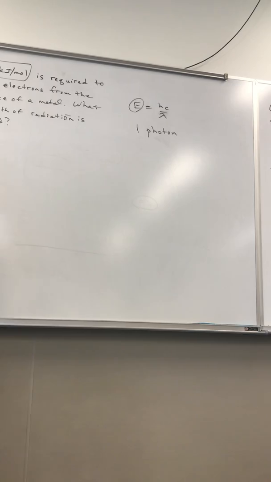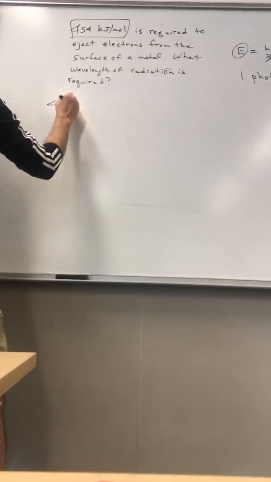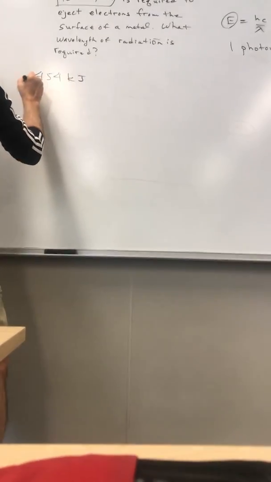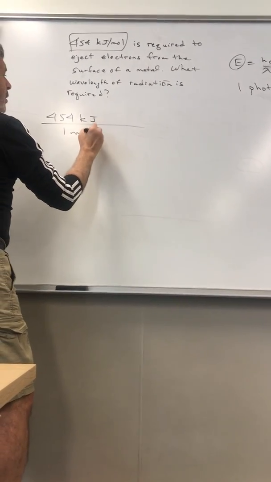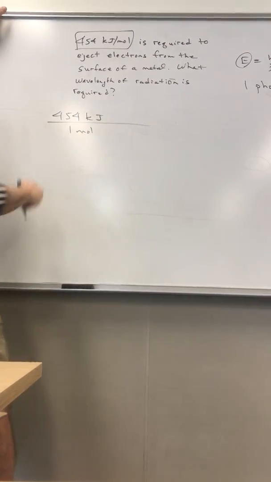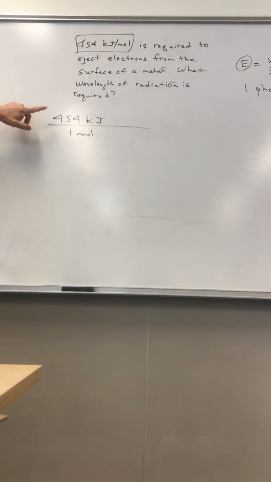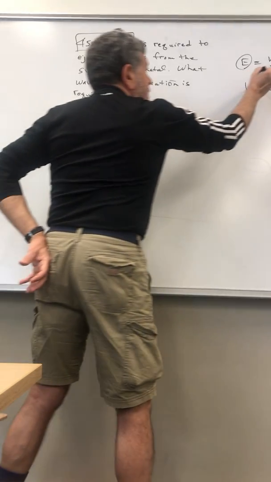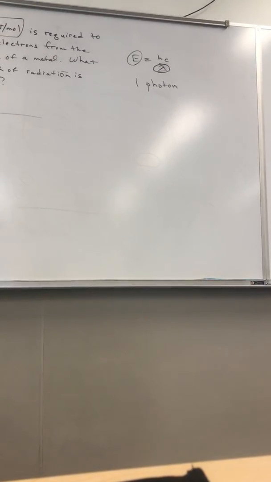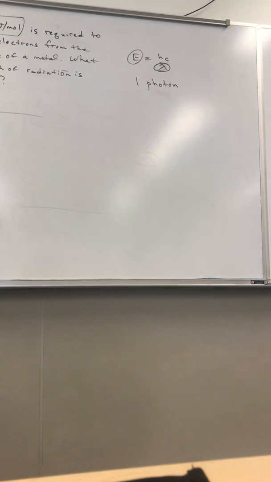So let's start with this number. This is in terms of kilojoules per mole. In order for us to calculate this, we need the energy of one photon in what units?